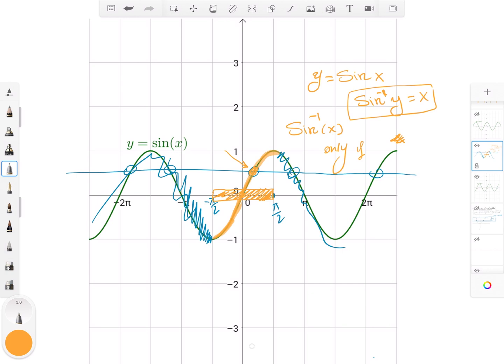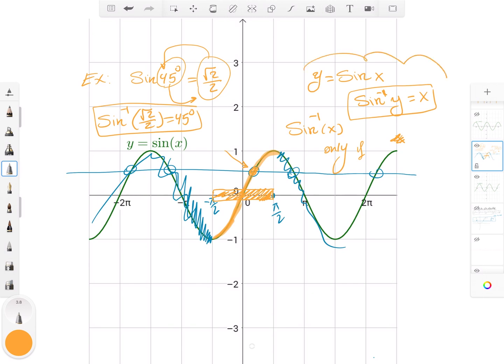Another example for you: sine of 45 degrees equal to root 2 over 2. If I put this one inside of sine, and this goes outside if I add negative 1 on top of sine. So that means sine inverse of radical 2 over 2 equals 45 degrees.